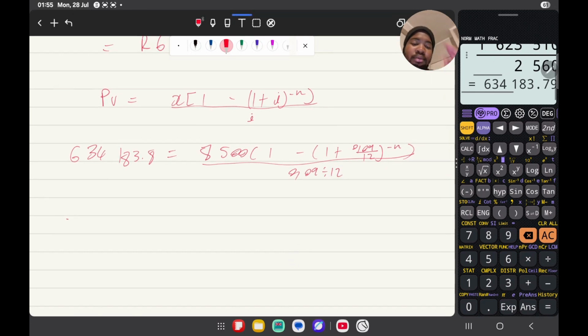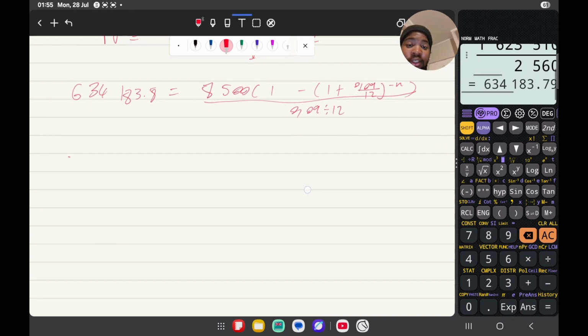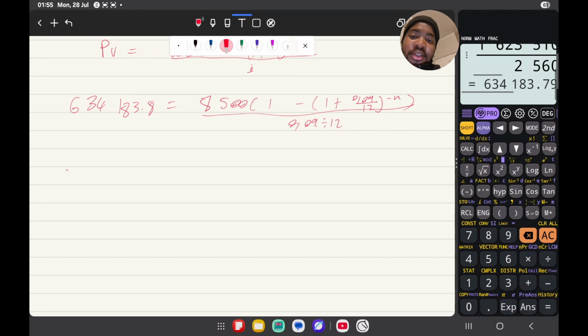So now to continue, this is just a simple solve for n.